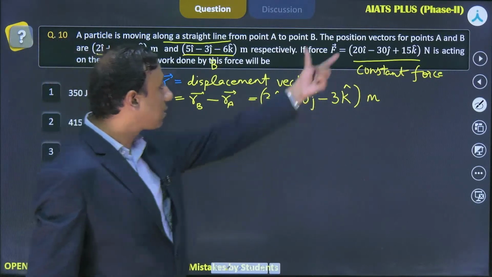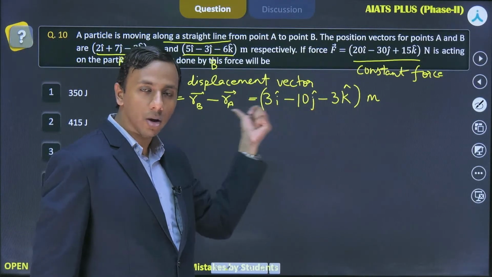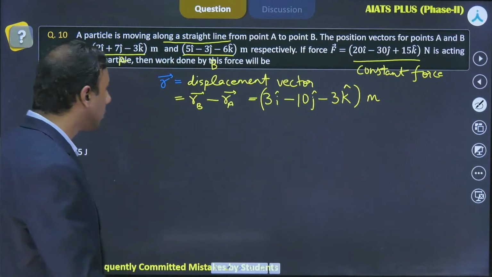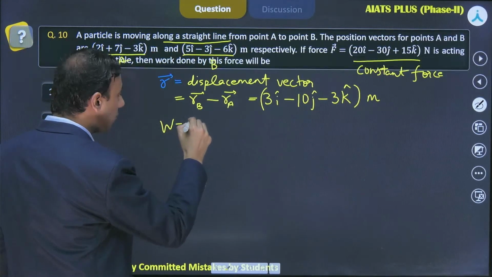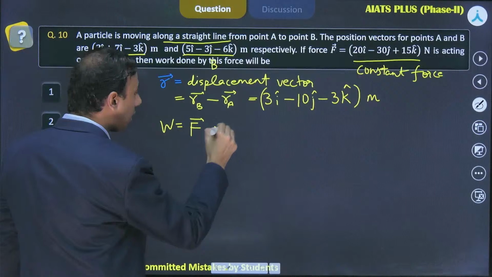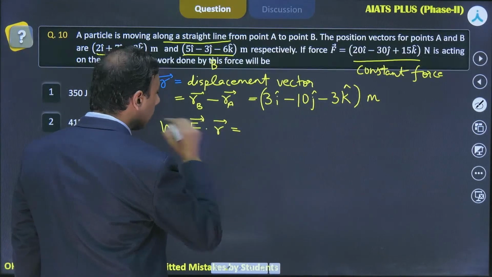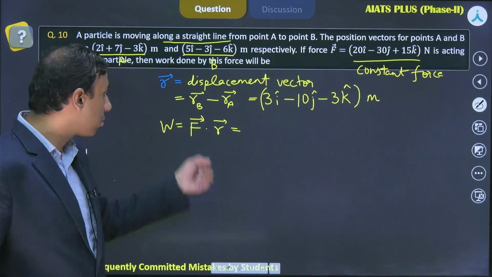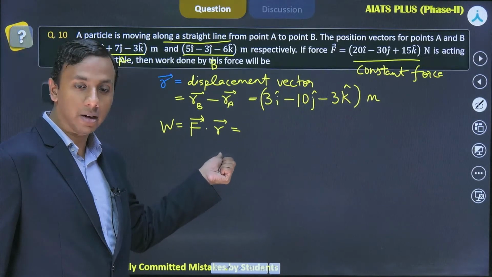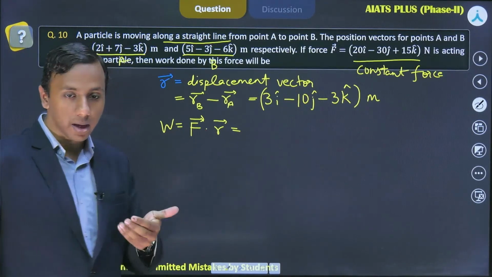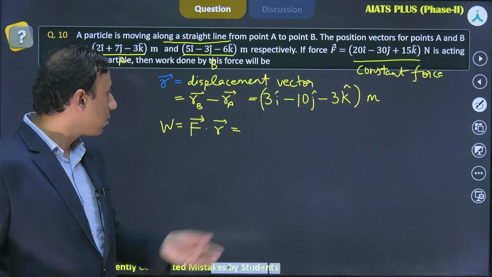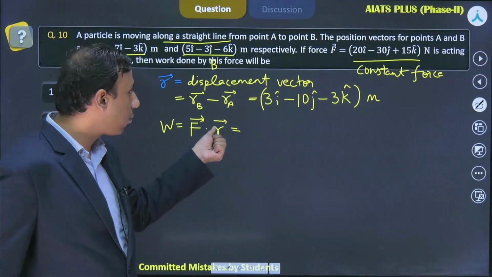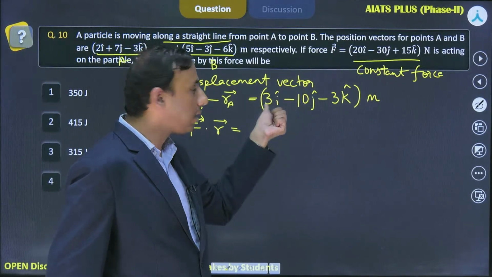So the force vector is given, and the R vector you have found. All we have to do is find the work done. First write the formula for work done, which is simply F dot R. And what are the rules for dot product? If you remember, we had discussed this. If you have to take the dot product, just focus on the like components.